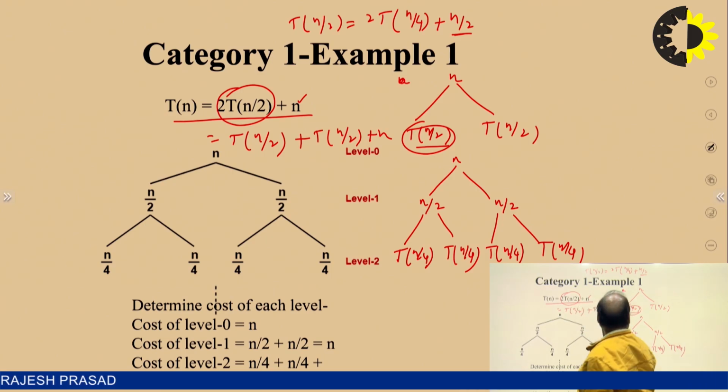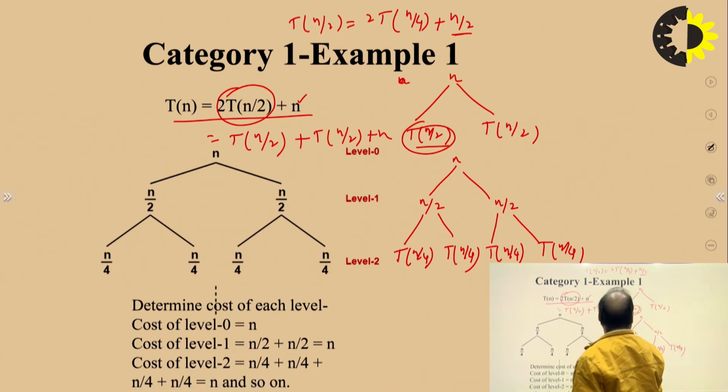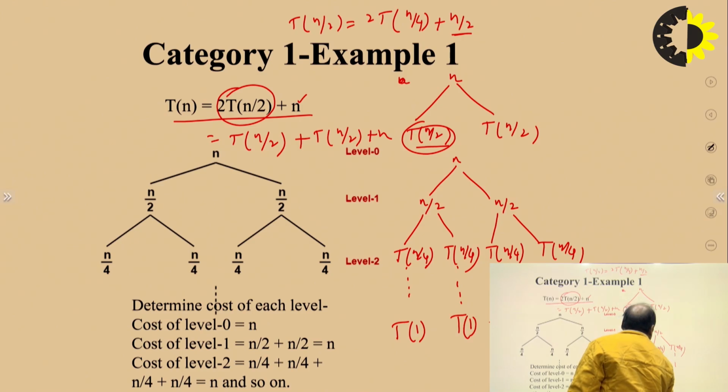So look at here. If you sum the cost, this will keep reducing and it will go up to, let's say, T(1). Ultimately it will finish at T(1). Clear? So what is the final answer?